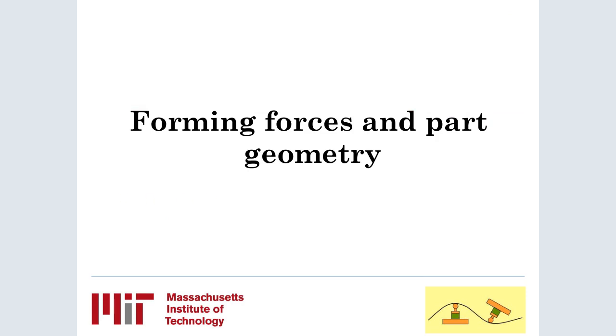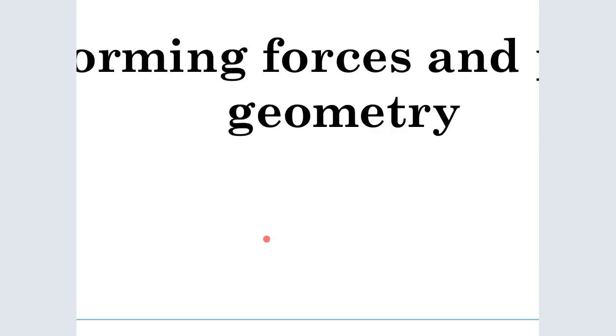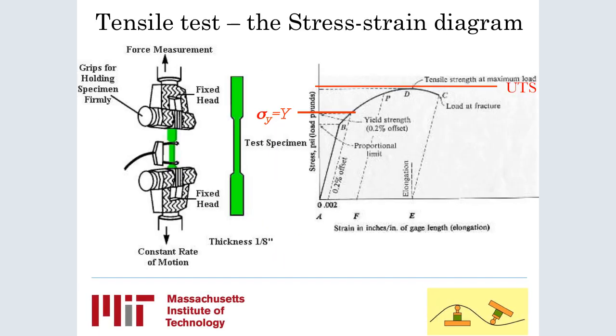Forming force, parameters and geometry. Tensile test, the stress-strain diagram. So we are testing the tensile properties. Now an object has already been formed. The thickness is there. So we test the force. That is the force measurement.